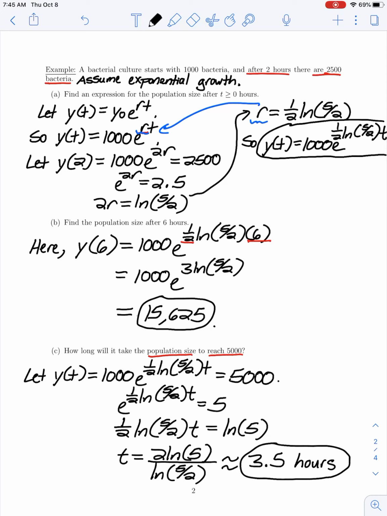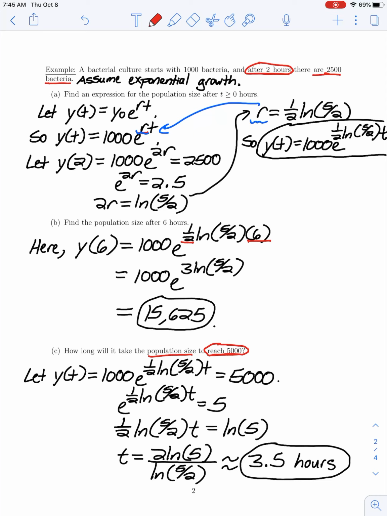Now, typically for these types of problems, we can see if our answer makes some sort of reasonable sense. So here we started with a population of 1,000. After 2 hours, our population had more than doubled. We had a population size of 2,500, so certainly to reach a population of 5,000, it should take longer than 2 hours.